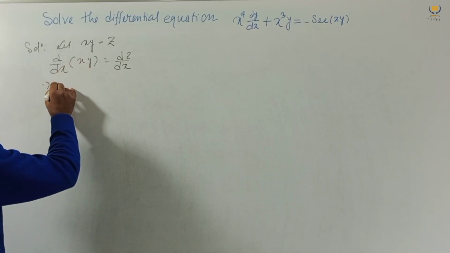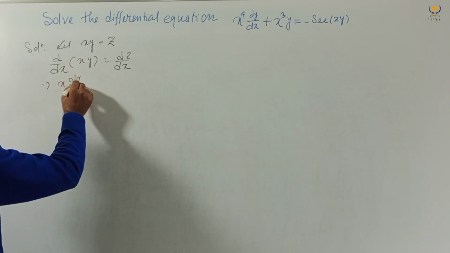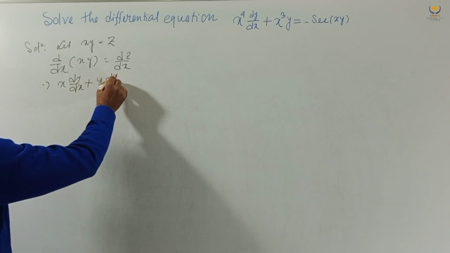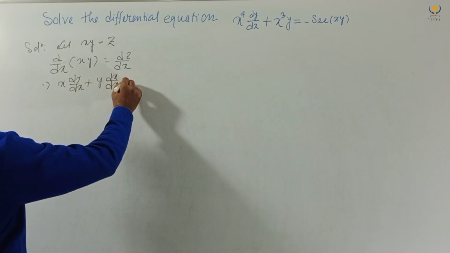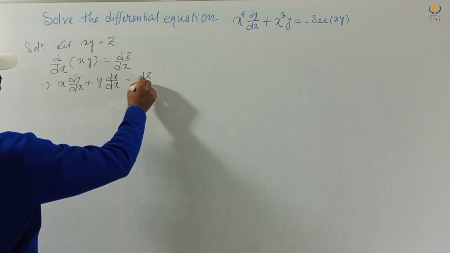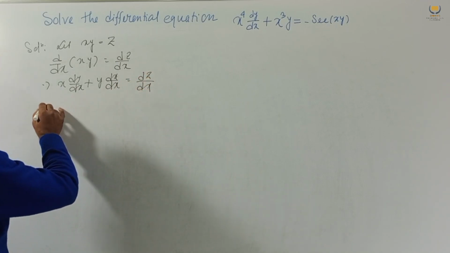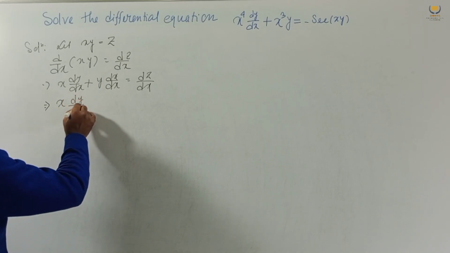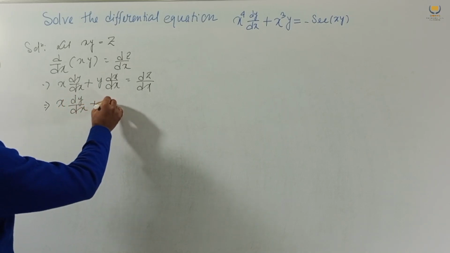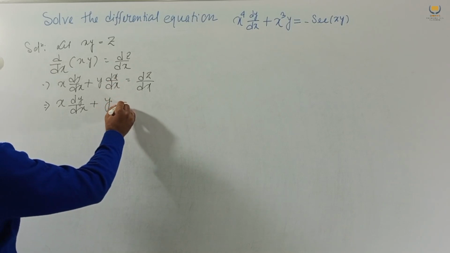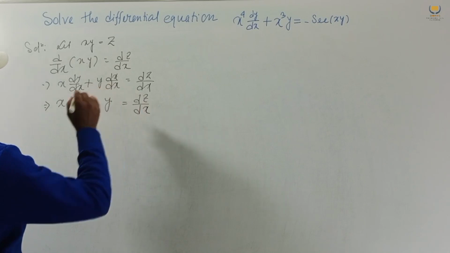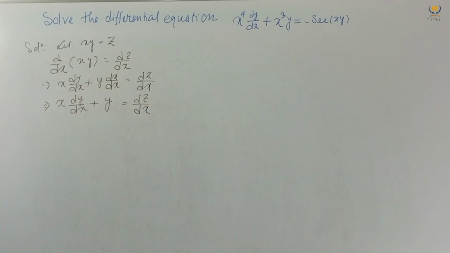And this is a product of two functions. First function times d/dx of second, plus second function times d/dx of first: x dy/dx plus y times dx/dx which is 1, we write this as dz/dx, we get this.